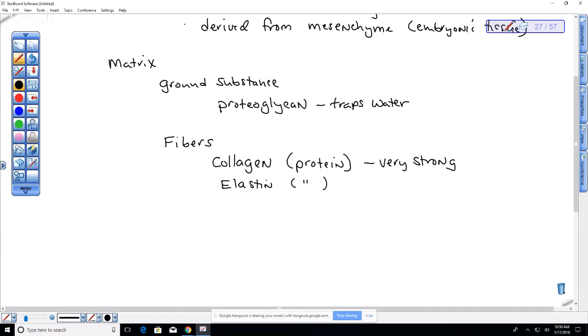For example, when you bend it, it bounces back, right? So it's elastic. So this absorbs energy and bounces back. We also have reticular fibers.